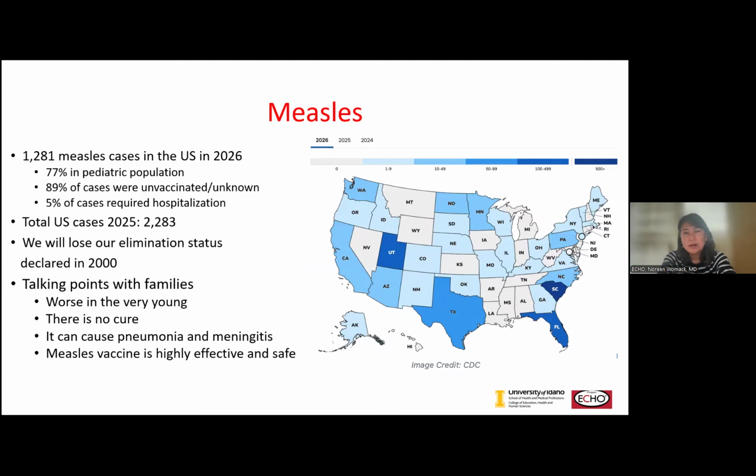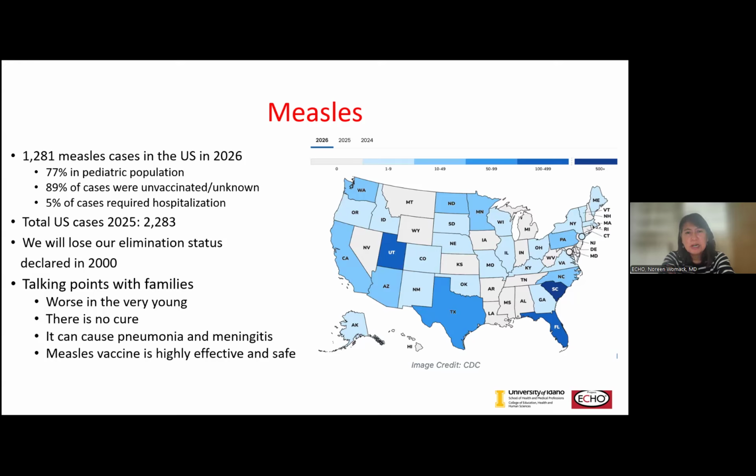And then here are the statistics on this year so far in terms of cases. 77% in children, 89% were in unvaccinated or unknown vaccination status. 5% of cases required hospitalization. You can see from the CDC heat map on the right where most of the cases are. We are certainly going to lose our elimination status that we acquired in 2000 because of these cases.